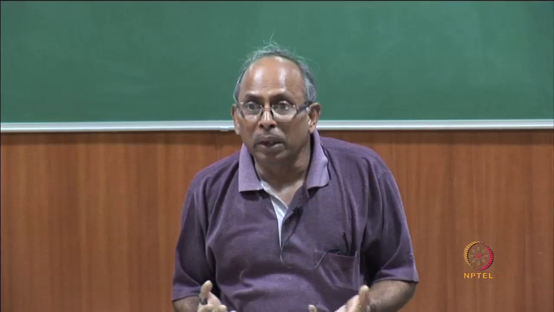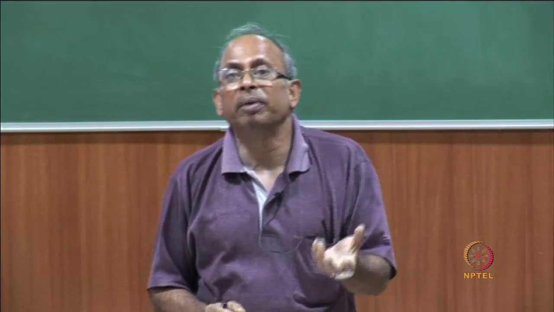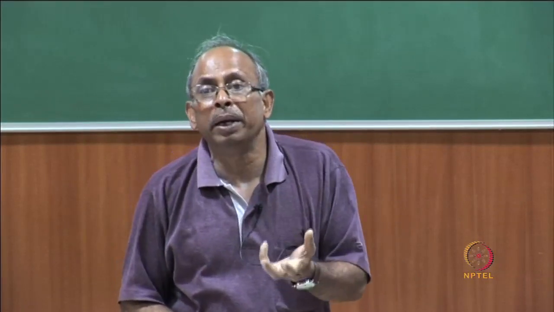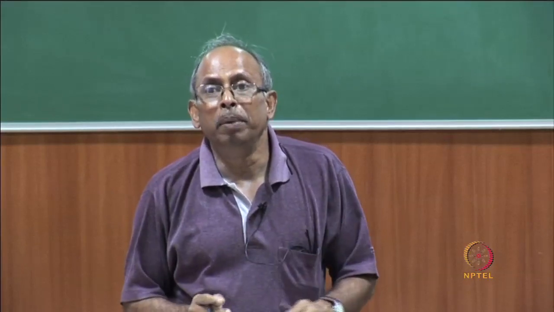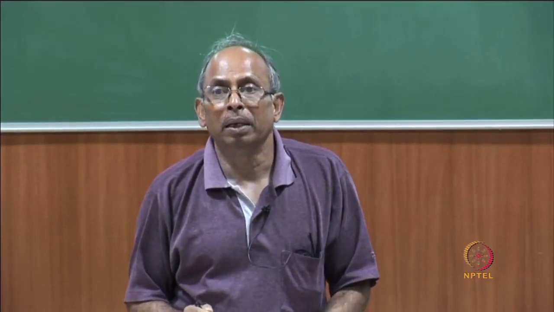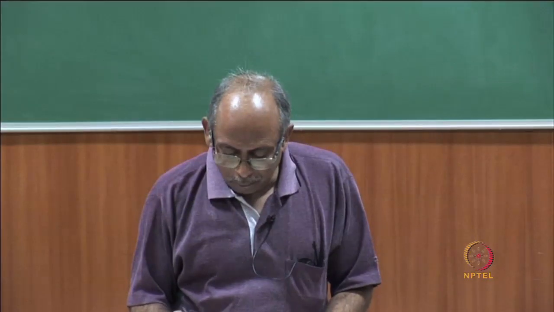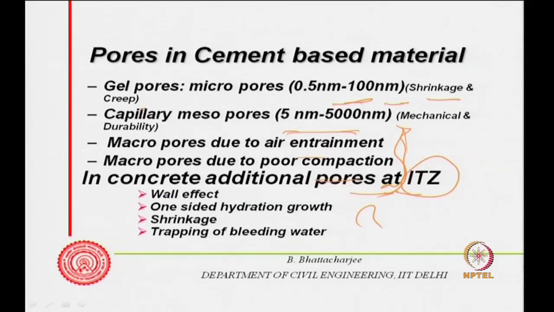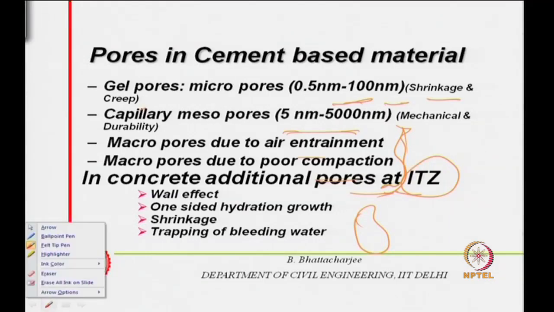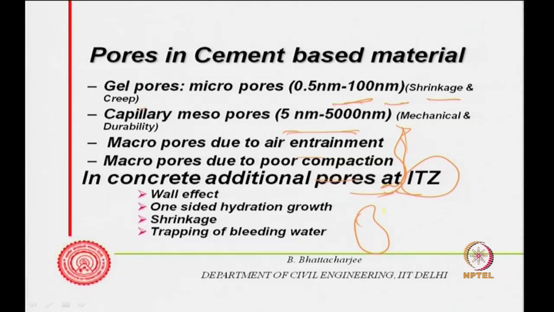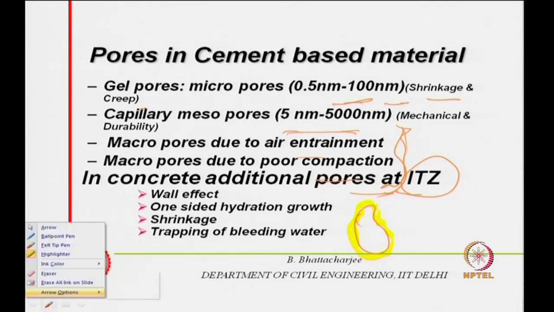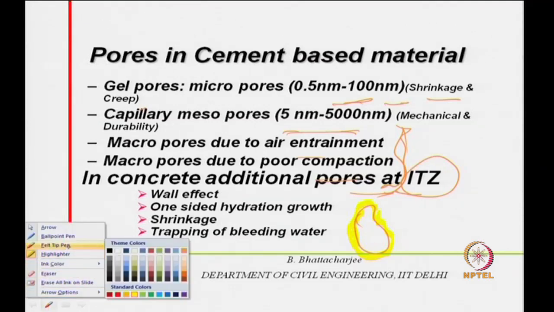Bleed water has a tendency to come up because its specific gravity is low, and if it gets trapped below an aggregate, there will be bleed water trapping. Therefore, bleed water trapping and all this makes this zone, the aggregate mortar interface, vulnerable. Actually, there the porosity is more.